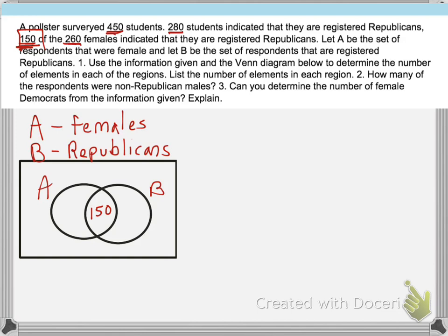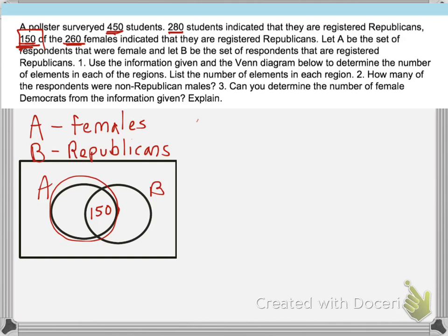Now you just want to start working out each of your next pieces. We now focus on circle A. We are told that there are 260 females.